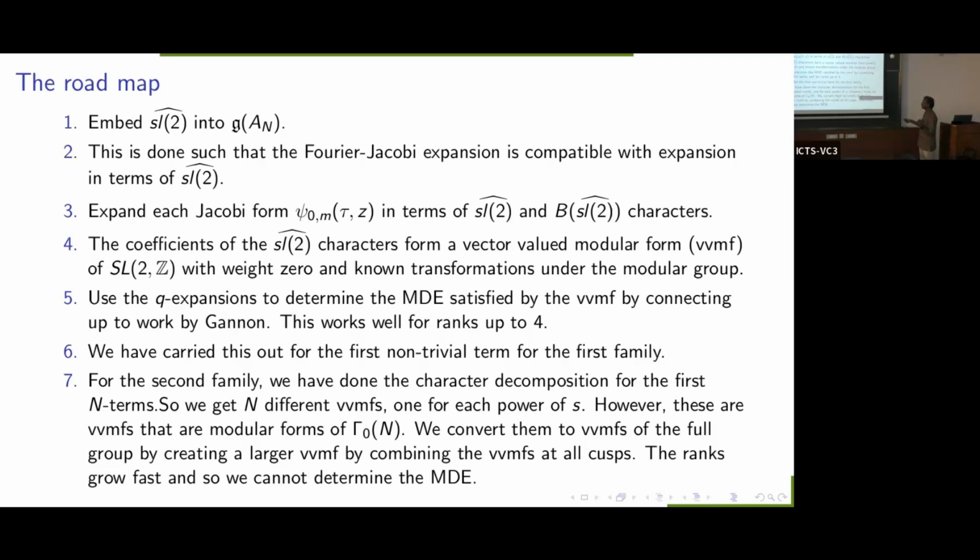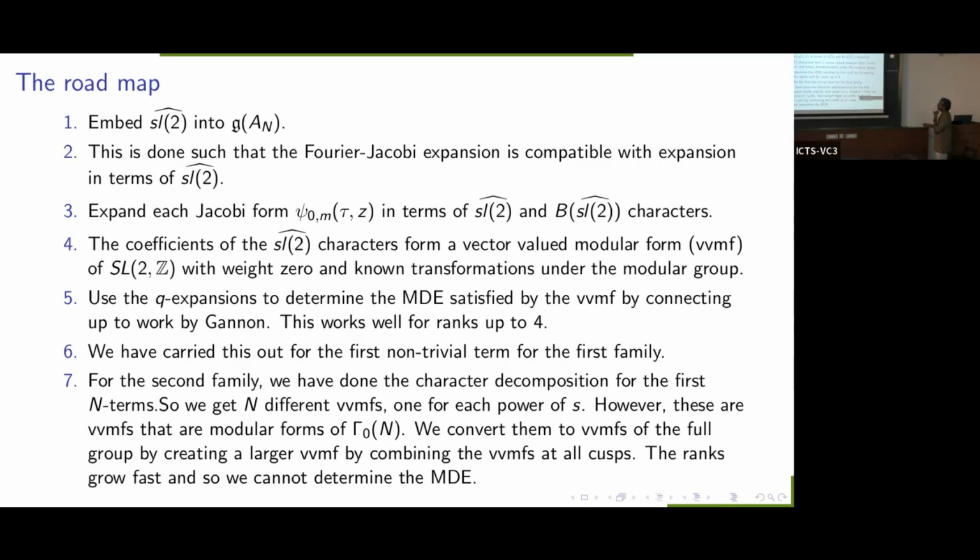We know how phi 0,m transforms, and we know how the SL2 hat characters transform, so we can work out its coefficients. What we are doing here is that we want to know multiplicities of representations of SL2 hat, and we are combining them into a vector-valued modular form. The coefficients of the vector-valued modular forms will let us track the weights of the objects that are coming.